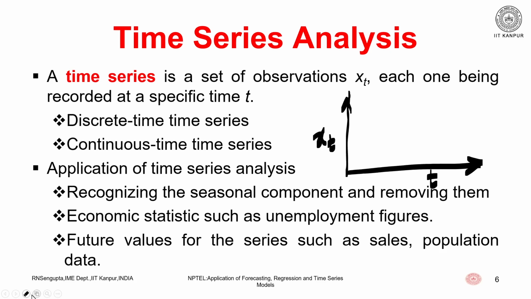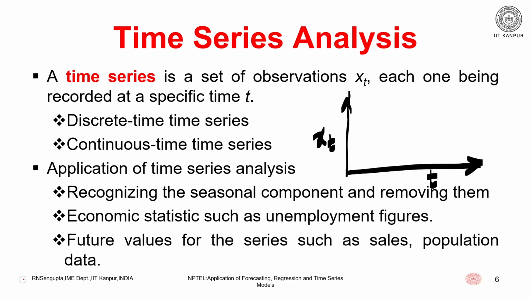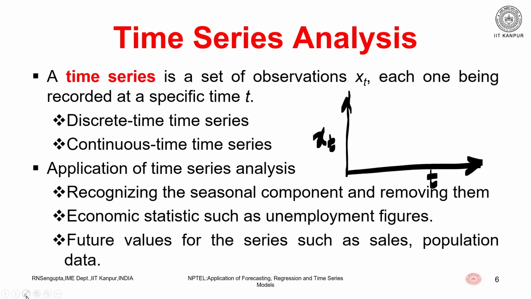I have the time along the x axis and x t along the y axis, and I may have this type of data. First, I will use the dark red one. So, the time series can be like this.